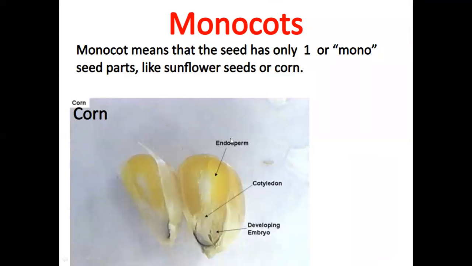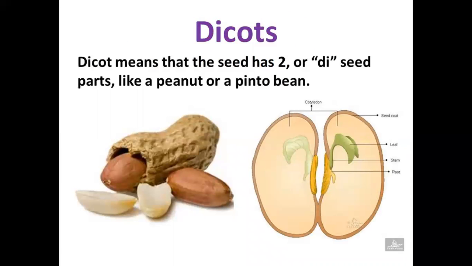Now, in case you see a monocot, you can see that there is only one seed part, as in the example of corn or sunflower seeds. But in case of a dicot like the peanut, we see that there are two cotyledons.